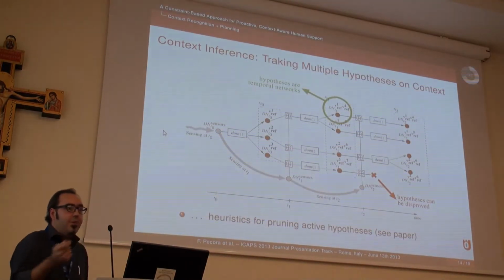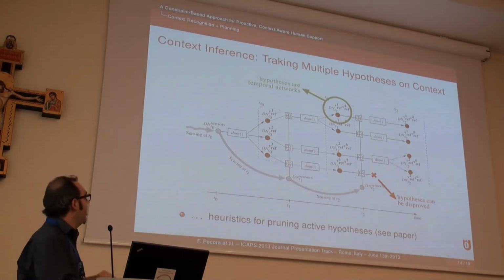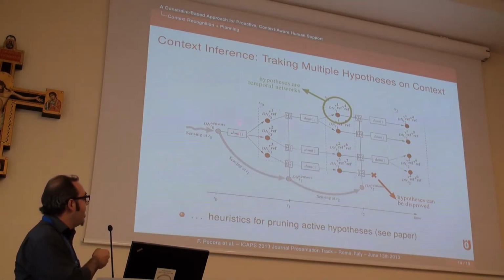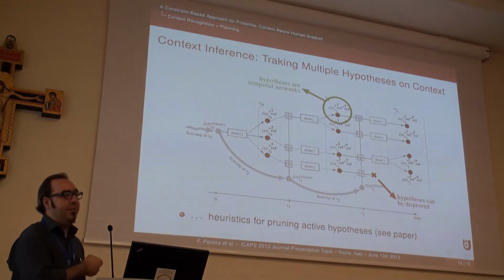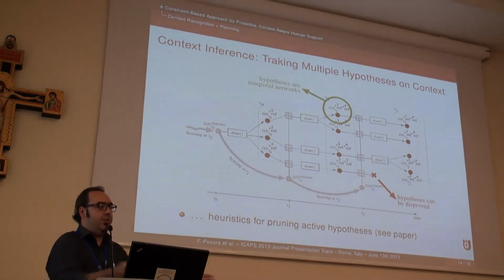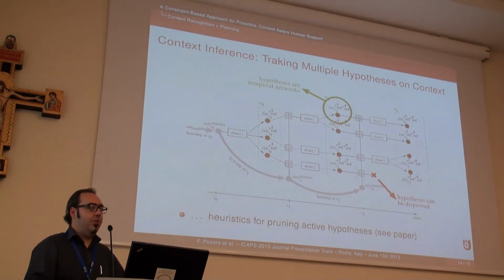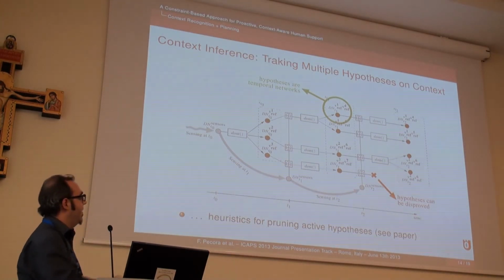Another interesting point that I'd like to point your attention to is the fact that we need to track multiple hypotheses. So basically, when you apply your theory, you will obtain multiple hypotheses of what has happened. This may be due to the fact that your theory describes multiple explanations, for example, for a certain trace of sensor readings.